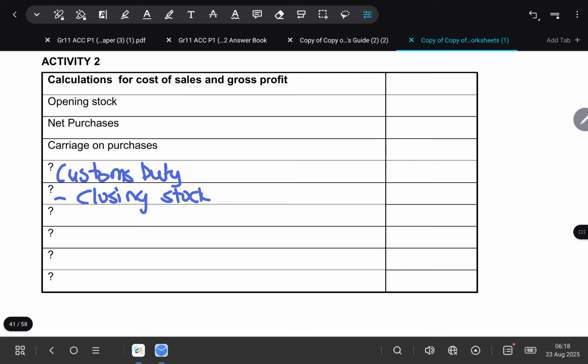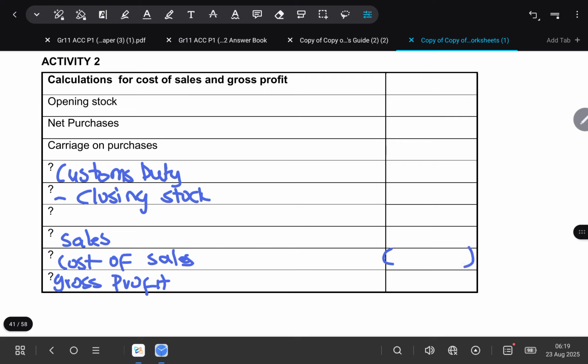And remember, you are also required to calculate gross profit. In order to do that, you need information about the sales and information about cost of sales, and together, remember, they will give you gross profit. Are we together, guys? And always remember that your cost of sales must be bracketed.